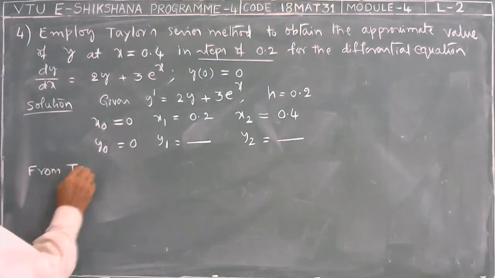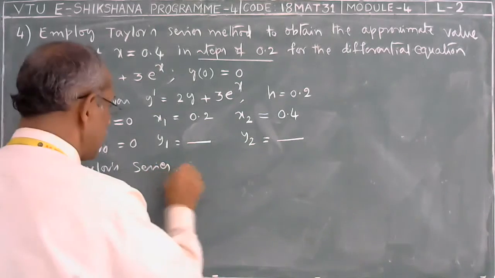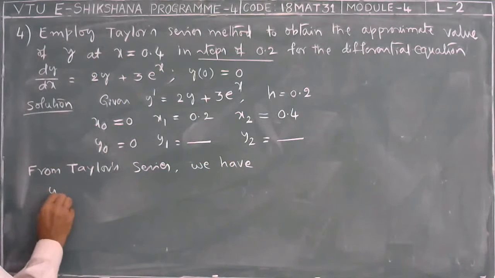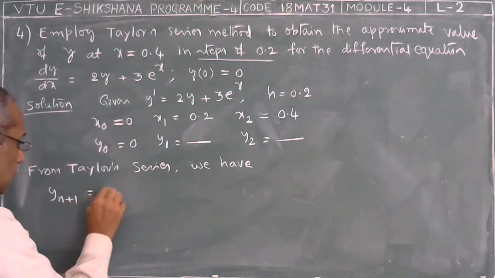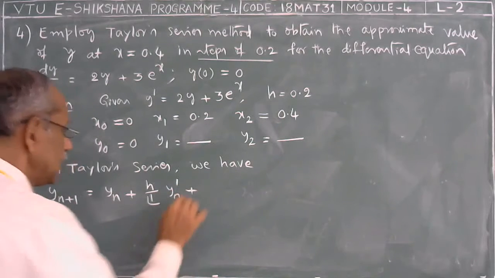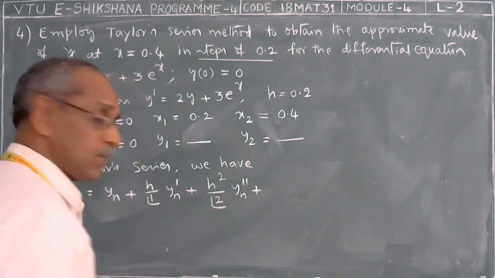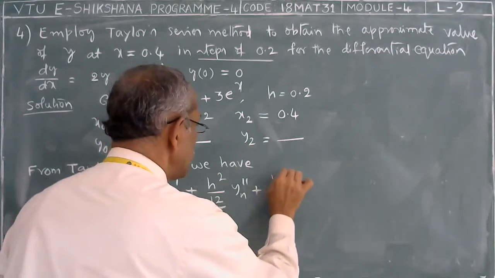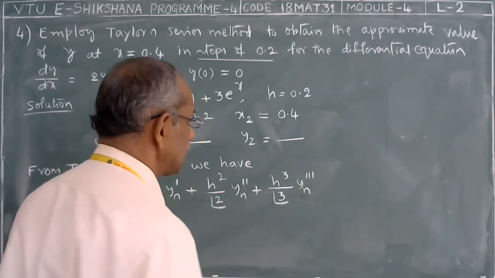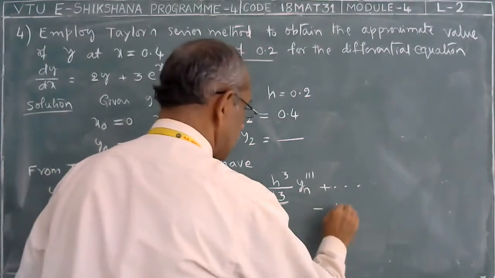From Taylor's series we have y n plus 1 is equal to yn plus h divided by factorial 1 yn dash plus h square divided by factorial 2 yn double dash plus h cube divided by factorial 3 into yn triple dash and so on. Call this equation number 1.